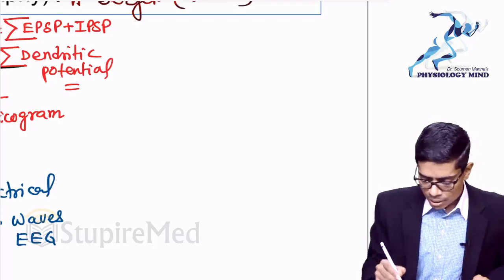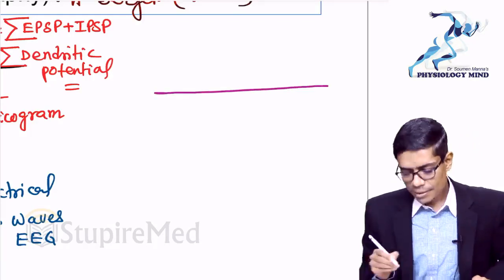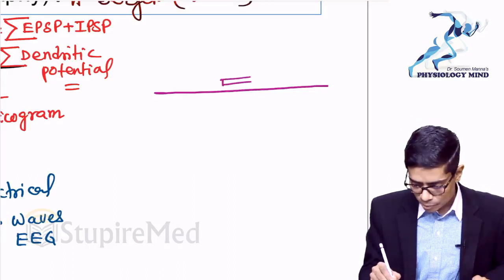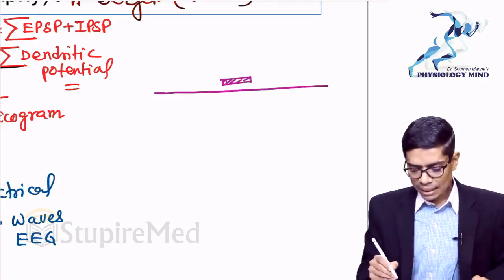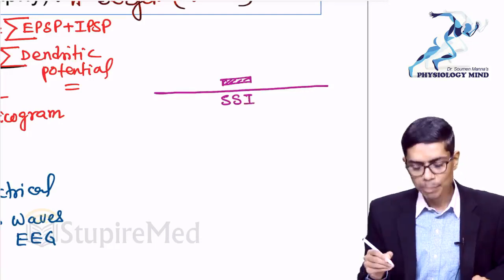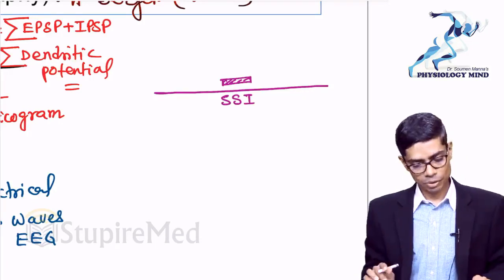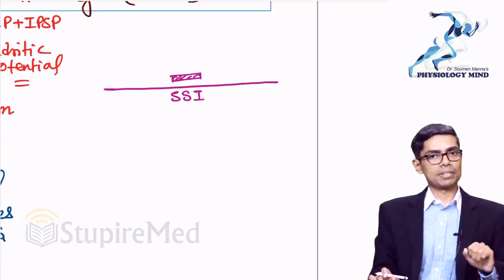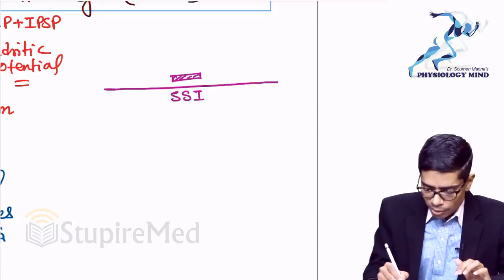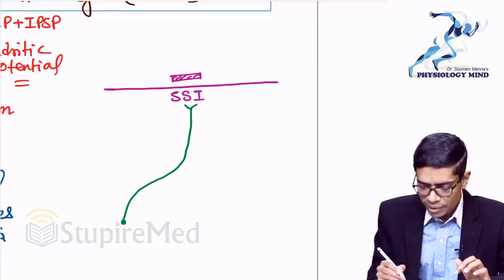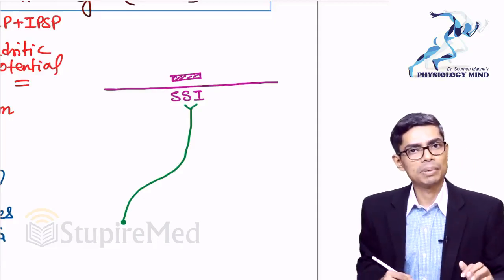So suppose this is the surface of the scalp, here I have placed one electrode, and the electrode is directly over somatosensory area number 1. So note down, the electrode is placed directly over the somatosensory area, and now from the periphery you are stimulating the neuron, and the neuron is ultimately reaching the level of the somatosensory area.